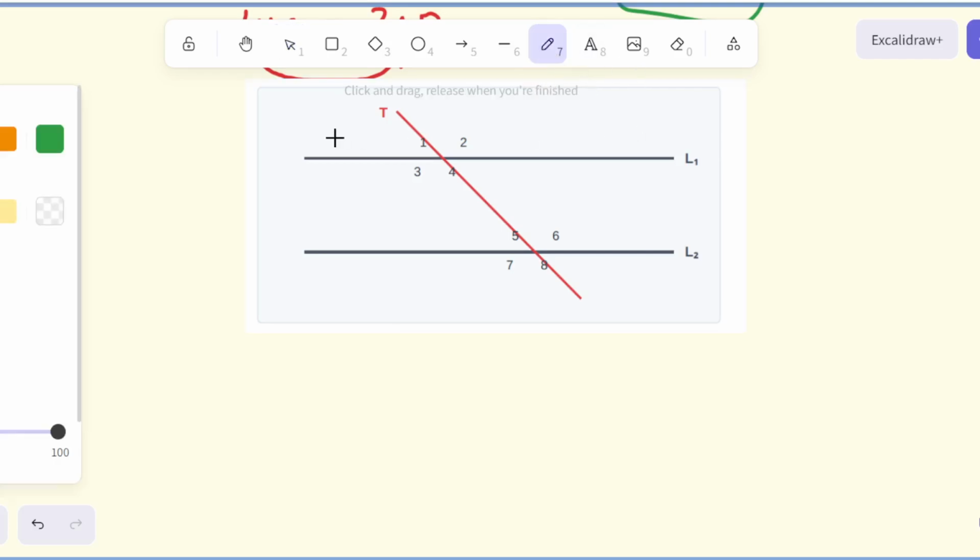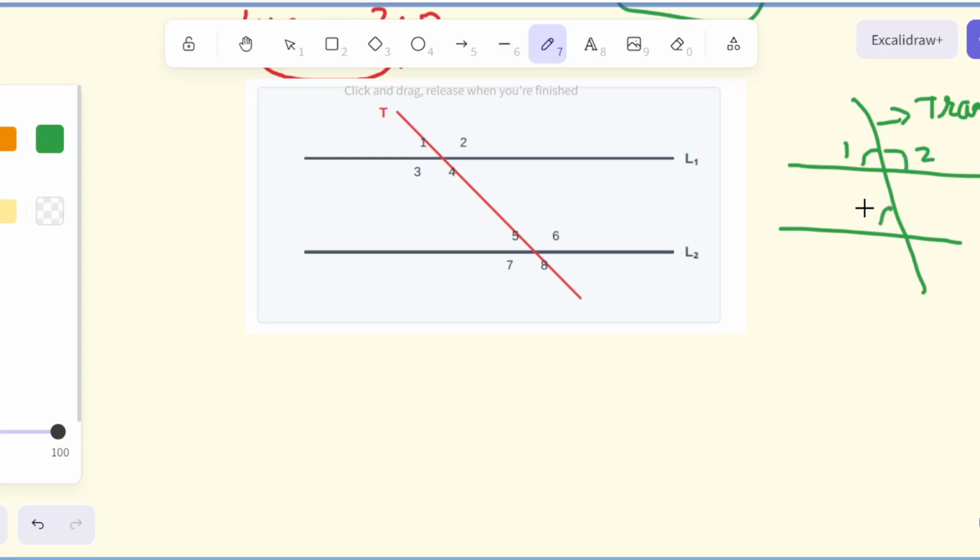Whenever two parallel lines are intersected by a third line, this third line is known as a transversal, and it results in the formation of 8 angles: 1, 2, 3, 4, 5, 6, 7, and 8.